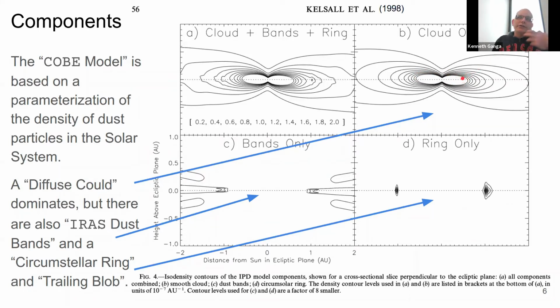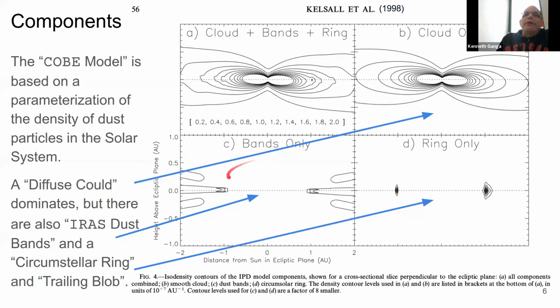Around here, it's about 286 Kelvin, about the temperature of the Earth, and it gets colder and colder as you go away. We have to integrate that along the line of sight, assuming a density model. That model comes from the COBE Kelsall et al. model, something that the IRAS DIRBE people came up with.